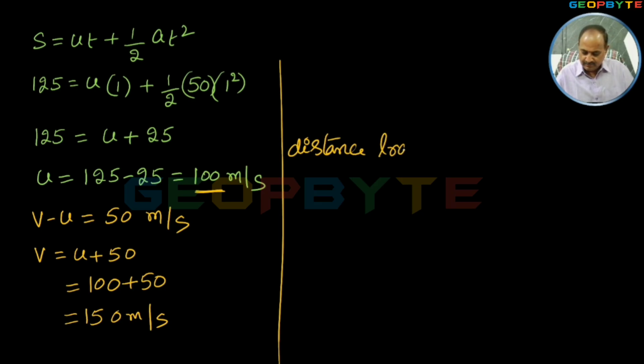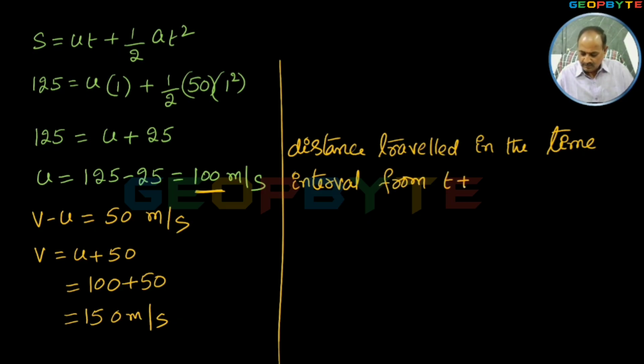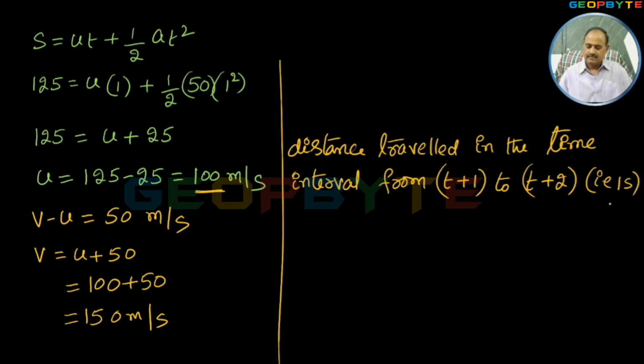Distance traveled in the time interval from t plus 1 second to t plus 2 seconds. That is nothing but 1 second. t plus 2 seconds minus t plus 1 second is 1 second only. s equal to ut, right? After 1 second, the velocity is becoming v now.